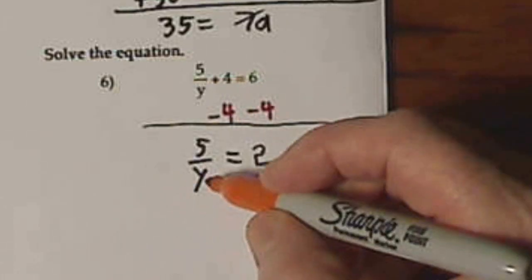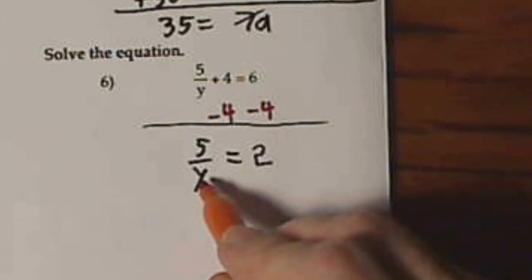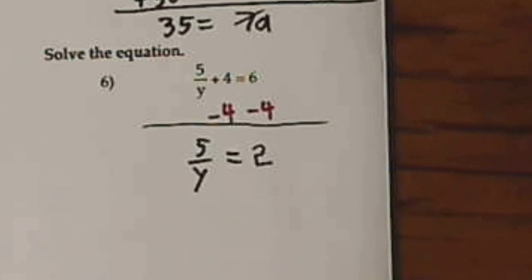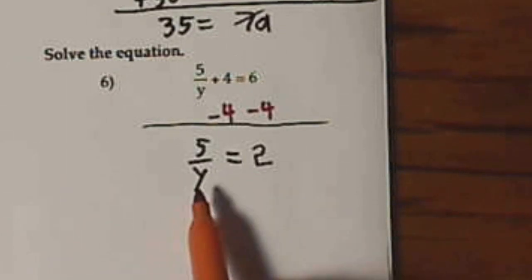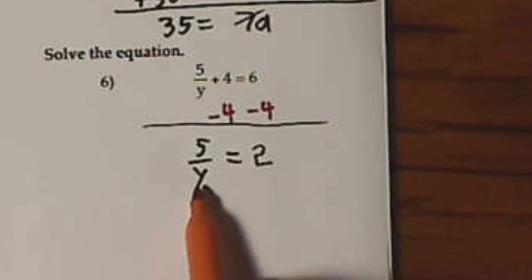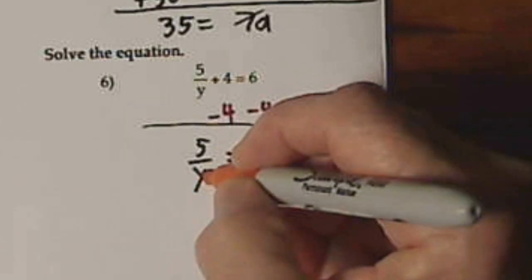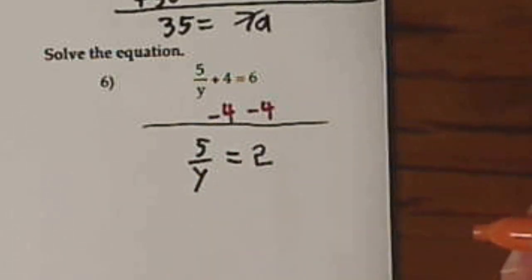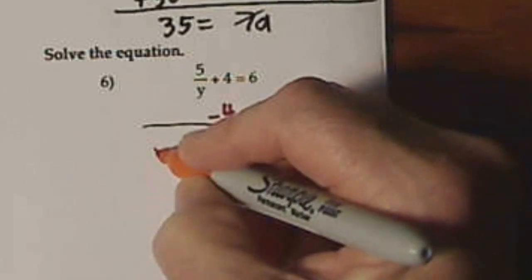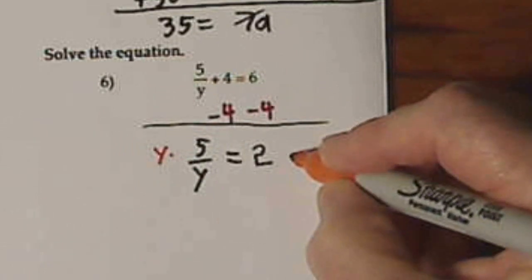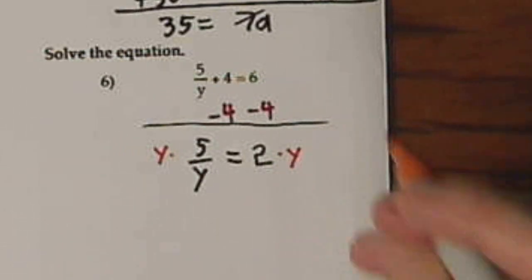I'm just going to put it next to it. I want this y out from the denominator. So I could either say I'm just getting it out from under the denominator, or I could say I'm clearing the equation of fractions. This y is held there by division, so I multiply by y and multiply by y.